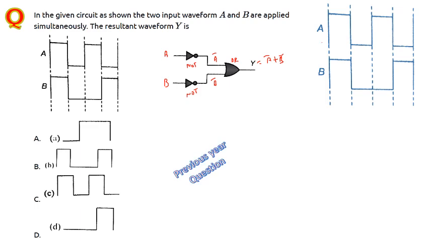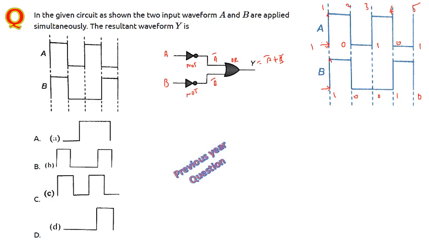The first input A starts from here and ends at this point. The first input is 1, second is 0, third is 1, fourth is 0, and fifth is 1. Similarly, B starts from here. The first is 1, second is 0, third is 0, fourth is 1, and fifth is 0.